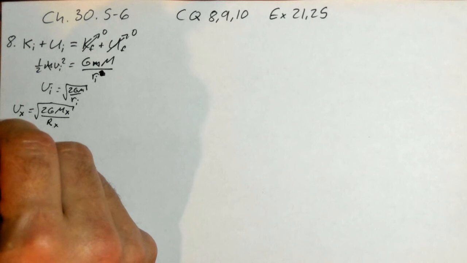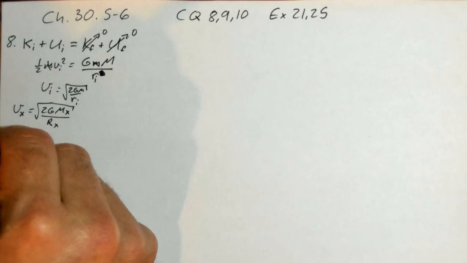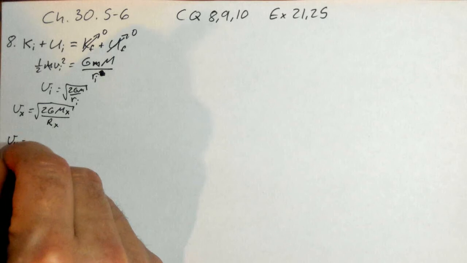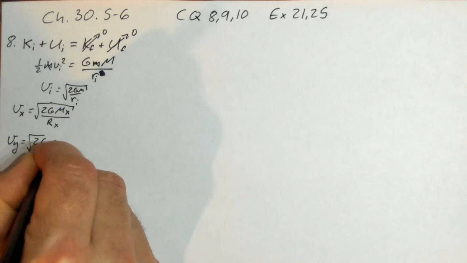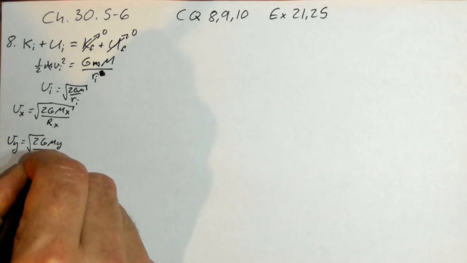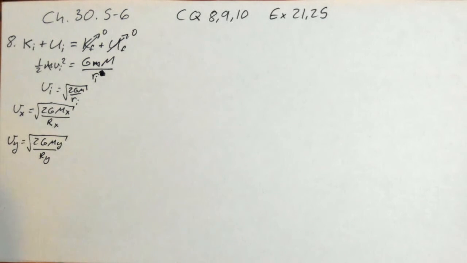So we have a planet Y, and we want to find Vy. Well, that's going to be square root of 2GMy over Ry. And we're told that they have the same radius, so Ry equals Rx. That's nice. But planet Y is twice as dense.